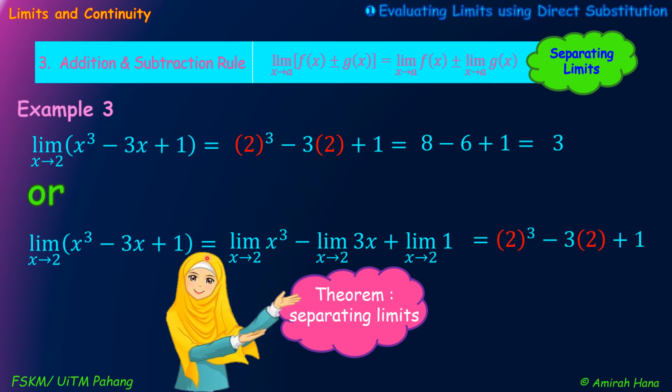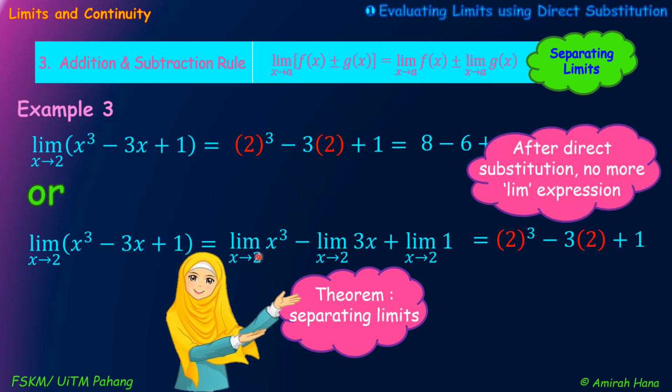And after that, we substitute 2 into whatever x here. So we get 2 cubed, and then minus 3 times 2, and then plus 1.